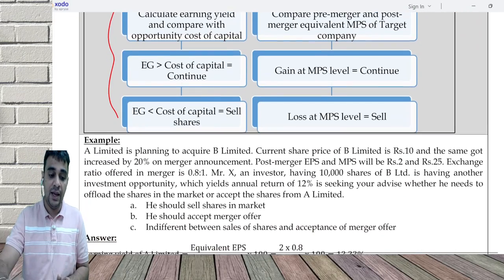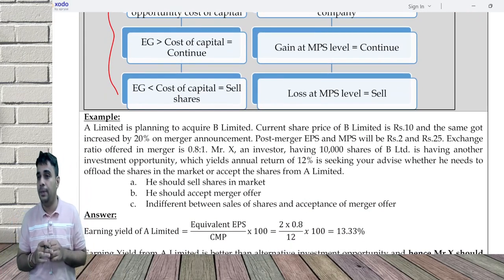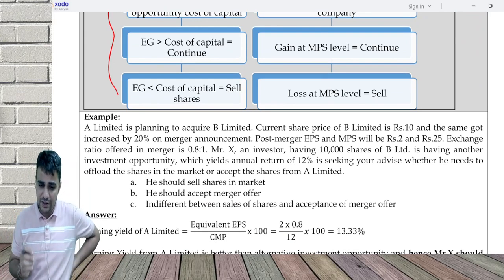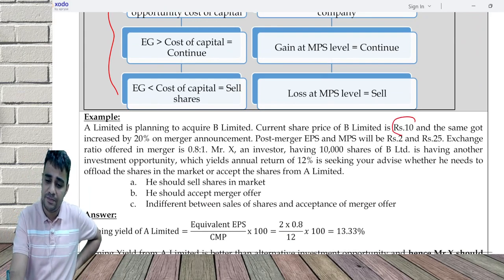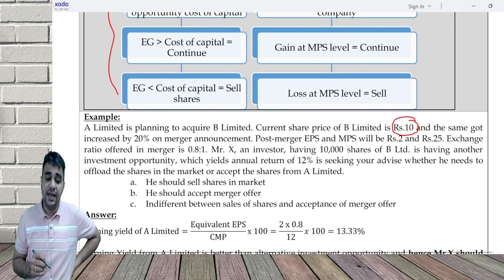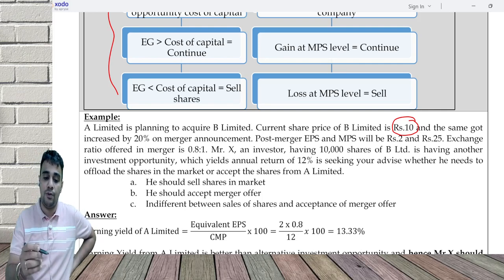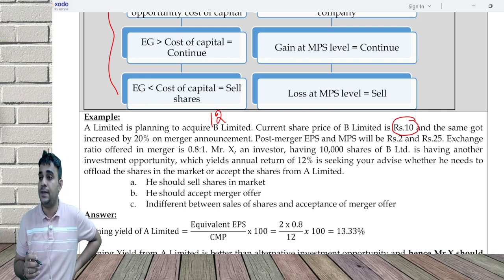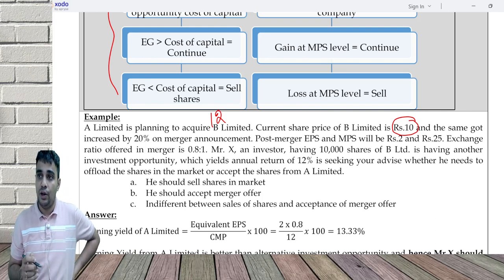Let's see now. A Limited is planning to acquire B Limited. The current share price of B Limited is 10, which got increased by 20% on the merger announcement, so 10 has become 12. Post-merger EPS and MPS will be 2 and 25, and the exchange ratio offered is 0.8.